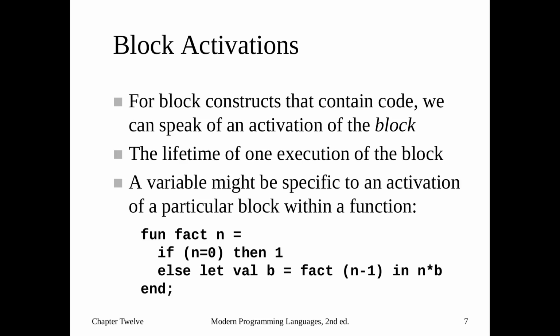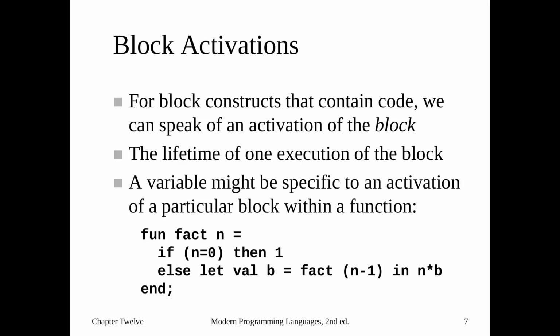But when we look at the specific version of the factorial function that we see here, n is defined as a part of the function itself, right? It's a parameter. Then inside of the let block within the function, we create a new variable b, right?